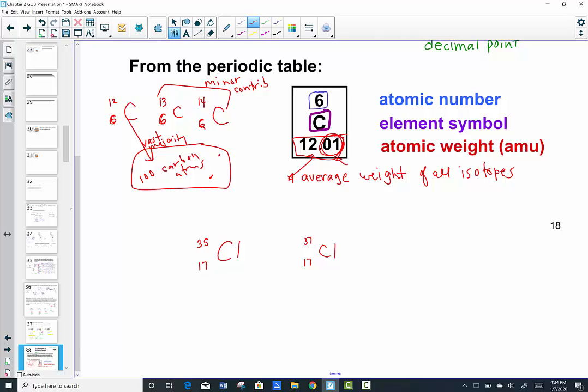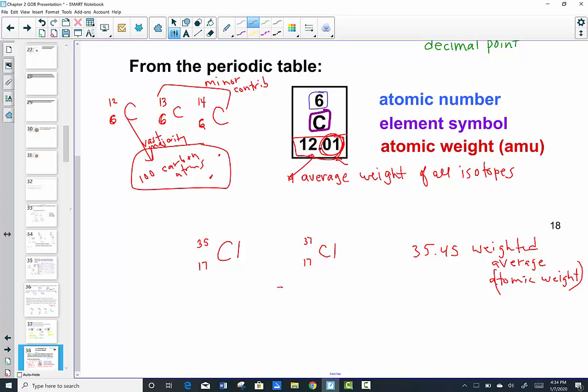Find that decimal point in the box of chlorine. Do you notice that it says 35.45 is the weighted average of all the different isotopes? This is called the atomic mass or atomic weight. This is what's found on the periodic table.